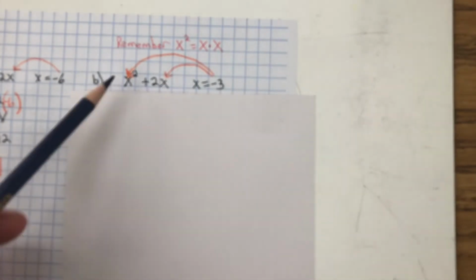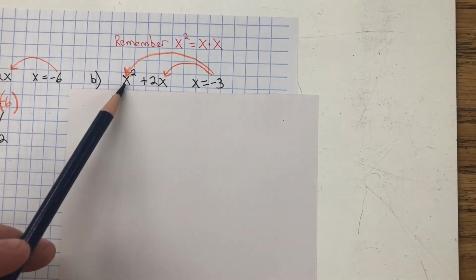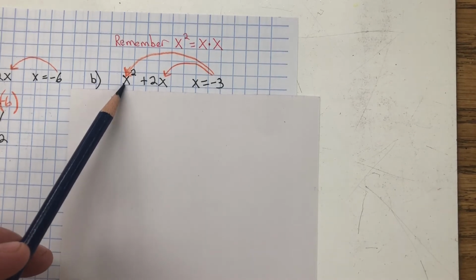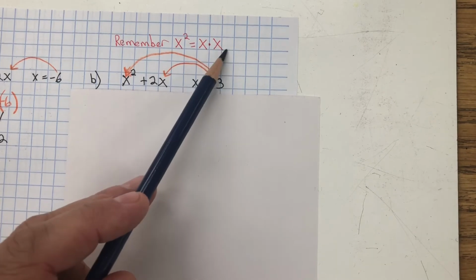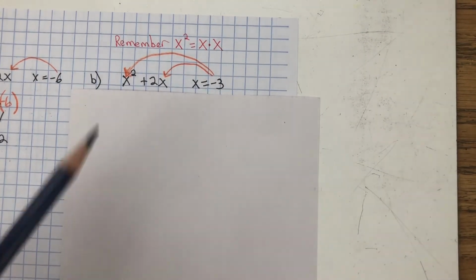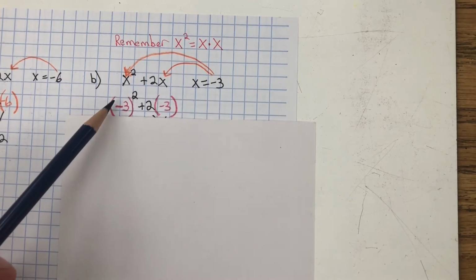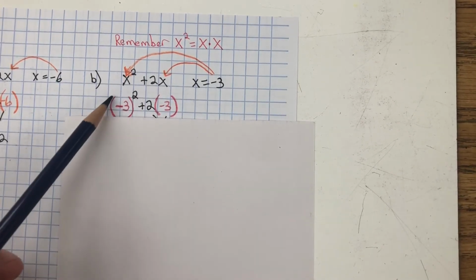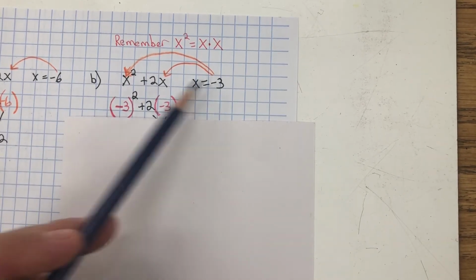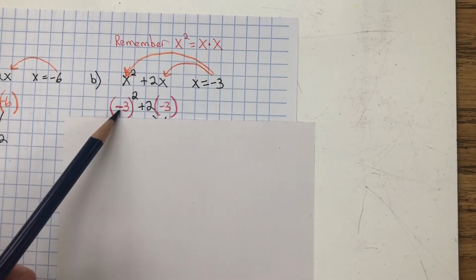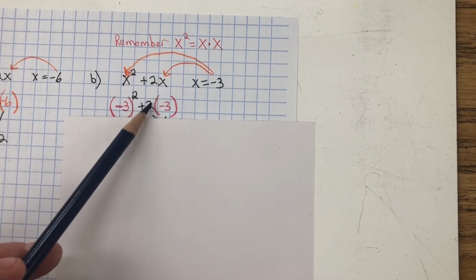For B, when x equals negative 3, we have x squared. And remember, x squared is x multiplied by x, not 2 multiplied by x. So again, I put parentheses around it, and I substitute x with negative 3. So there's negative 3 squared plus 2 times x.